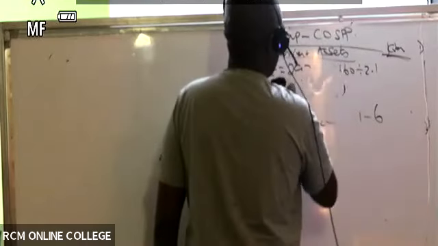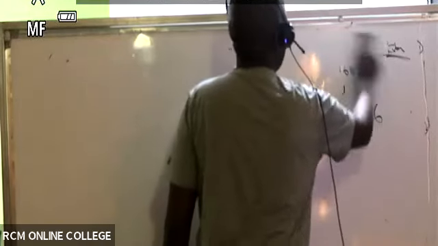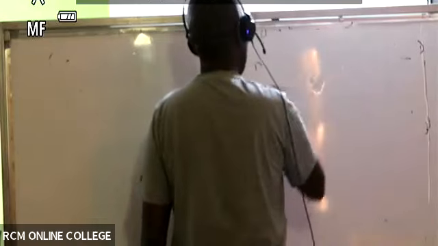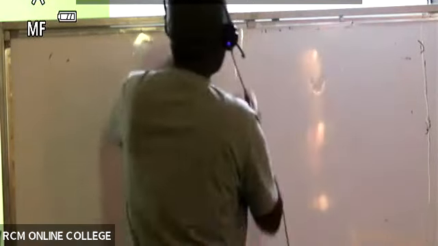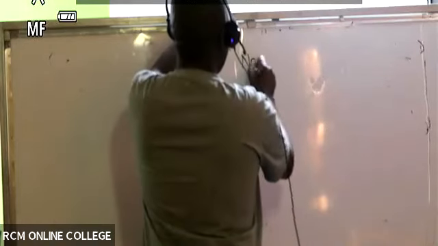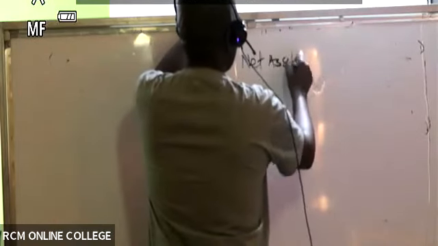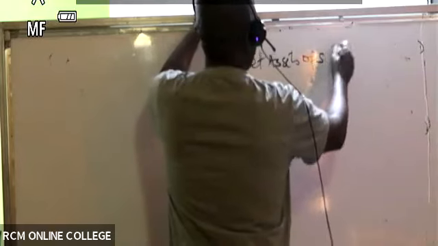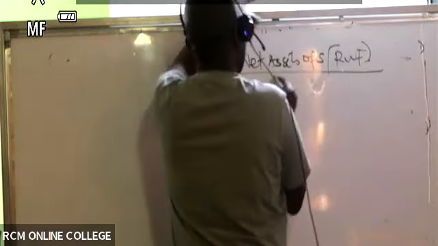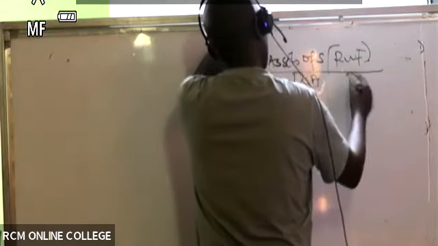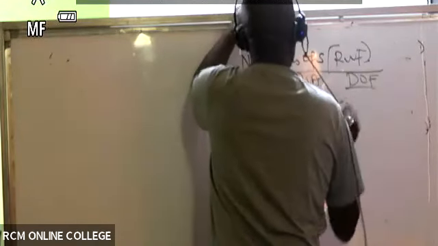So straight away, let's get the net assets of the Rwandese subsidiary. Net assets of S. And remember, we are doing this in foreign currency, Rwandese francs. Net assets at the date of acquisition, at the date of financial statements.